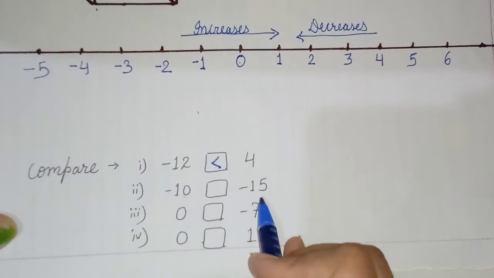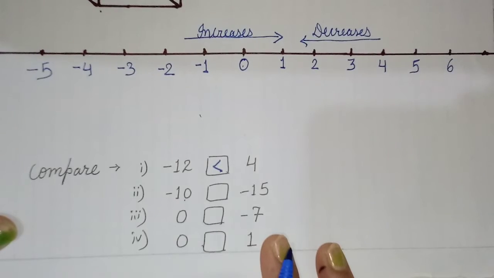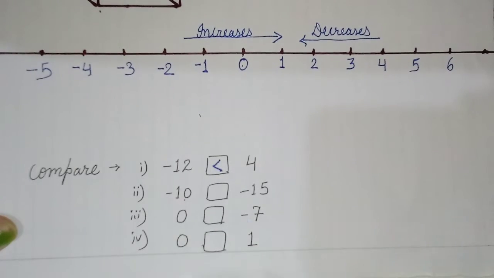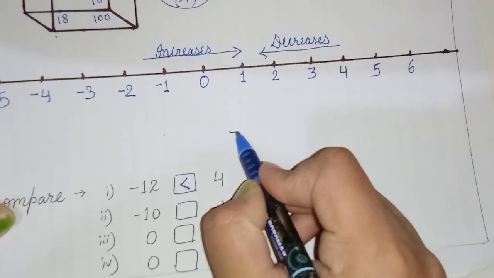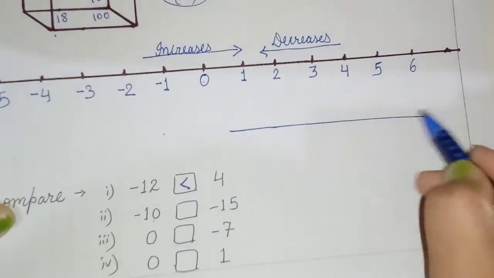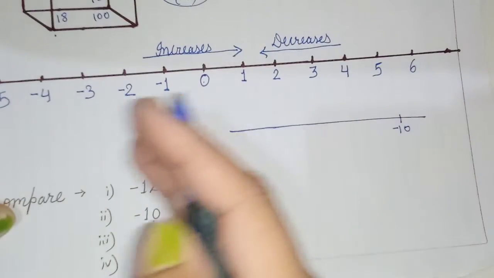Then minus 10 and minus 15. Both are negative numbers. By appearance it looks like 15 is greater than 10, but don't neglect the sign of minus here. If we observe the number line, it would be somewhat like this. Let us start from minus 10. Then 1, 2, 3, 4. We move like this.